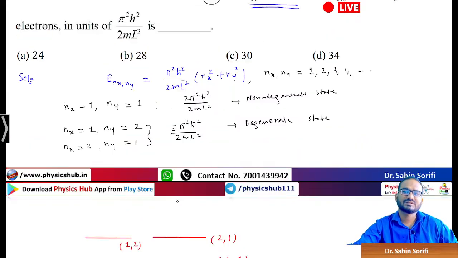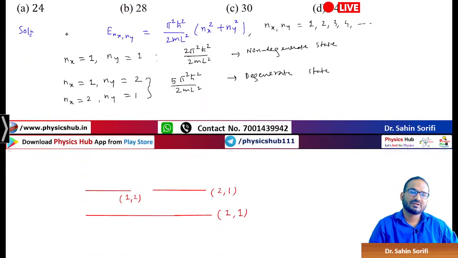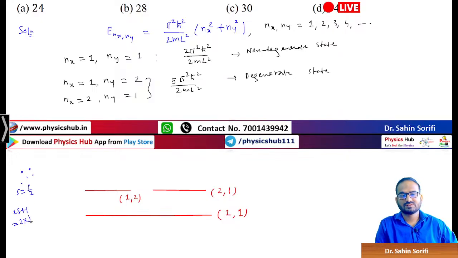Now for the ground state, if you are given 6 electrons, how will they fill? Because of the Pauli restriction, s equals half, multiplicity 2s plus 1 equals 2. So in each level there can be only 2 electrons.